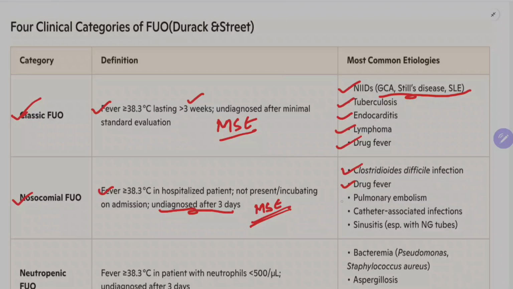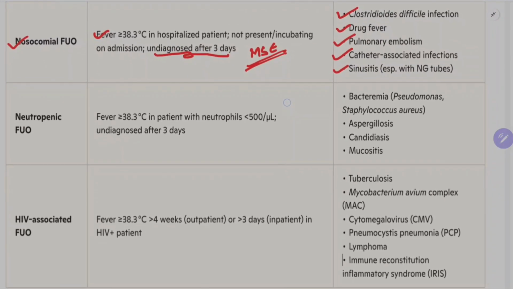Because the patient is lying in supine position and is not mobile, pulmonary embolism is a cause. Catheter associated infections and sinusitis, because the patient will have NG tubes. So these are the common causes. Number one cause is Clostridium difficile infection, or drug fever, or catheter associated infection, or pulmonary embolism, or sinusitis. This is in admitted patients.